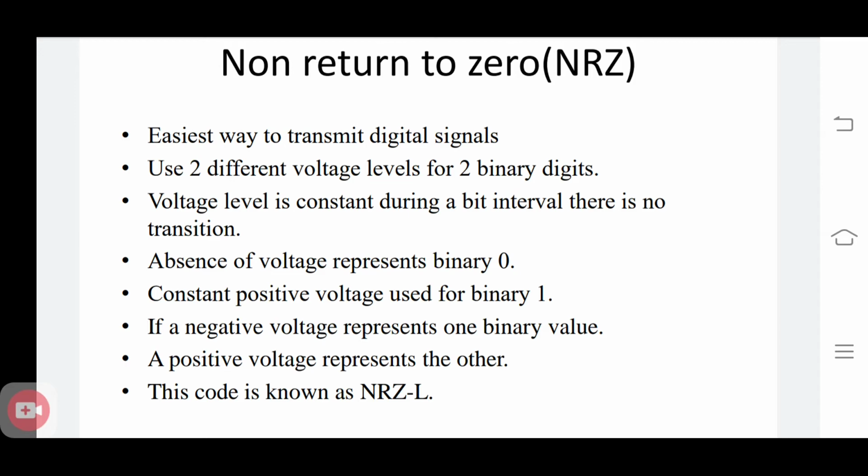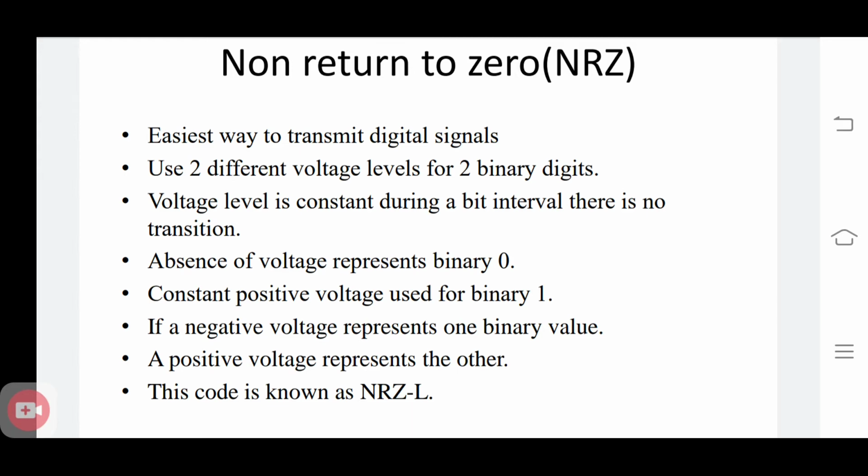Okay, so the easiest way to transmit digital signals is the non-return to zero encoding mechanism. Here 2 voltage levels are used, one for binary 1 and the other for binary 0. The first mechanism: how to represent binary 1? We can use a positive voltage. And how to represent binary 0?